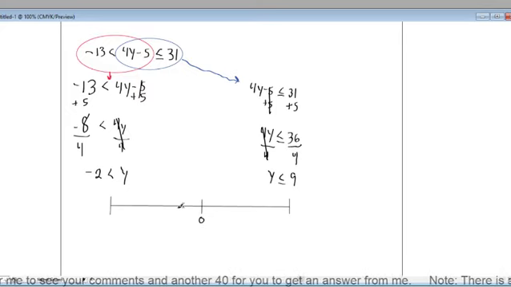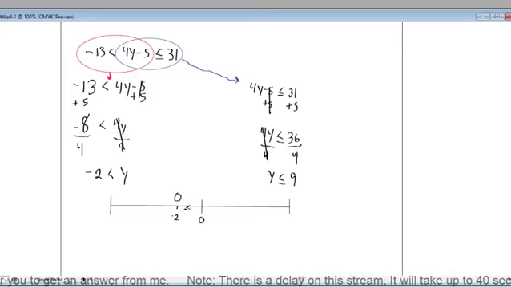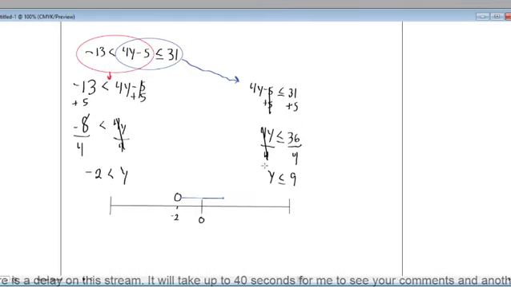So I'm going to say negative 2 is somewhere around here. It is smaller than y, not equal to, just smaller than, so I'm going to use an open circle. And that means that y is going in this direction. Now, before I make an arrow here, I want to figure out what this one looks like, so I'm going to go ahead and graph that as well.